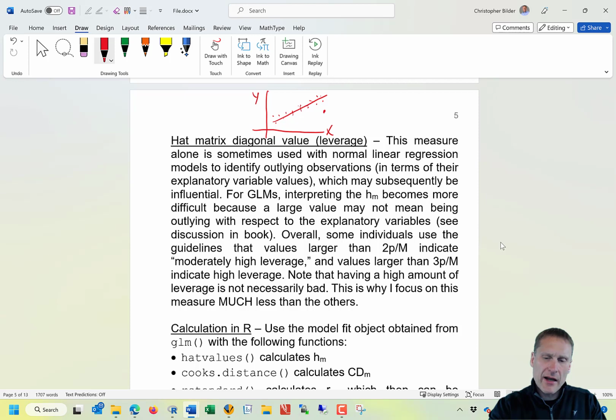If I had an observation right here, that point is going to have leverage in terms of it's going to pull down that red line towards it. And the hat matrix diagonal value for that particular case will be large because of this influence that this particular observation has. And so one could look at the hat matrix diagonal values as well.